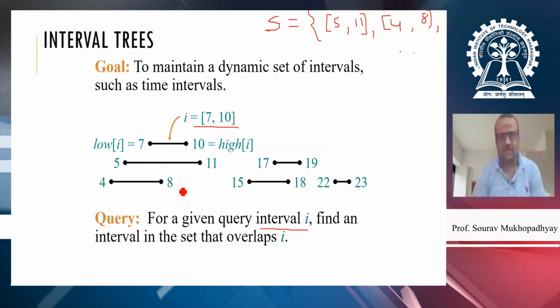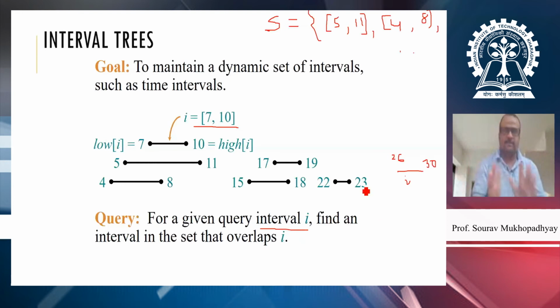Only one interval; we want to return only one interval. But if our query interval I is, say, 26 comma 30, then there is no interval overlapping with this. If S is this set, we'll say sorry boss, there is no interval overlapping with this at this moment.